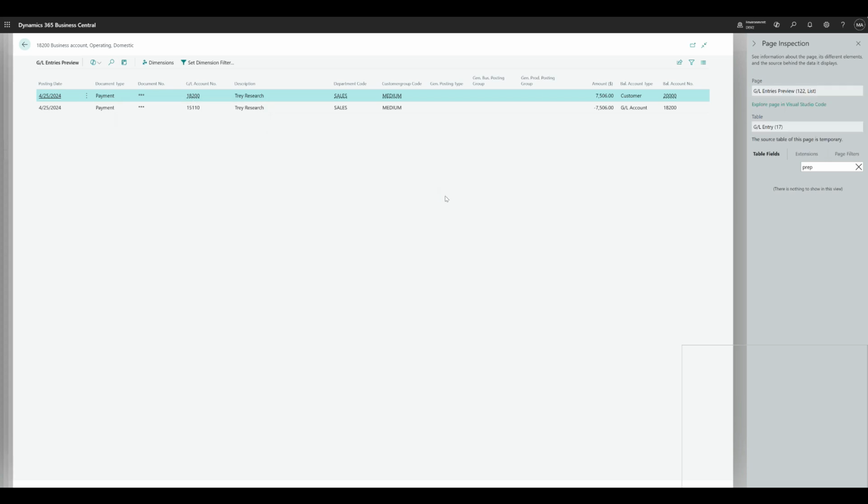That's how we set it up on the cash receipt journal. And yes, this concludes our exercise. We're going to look next at a sketch of what happened on the GL accounts for this use case.